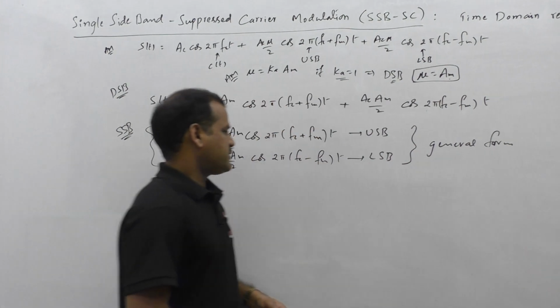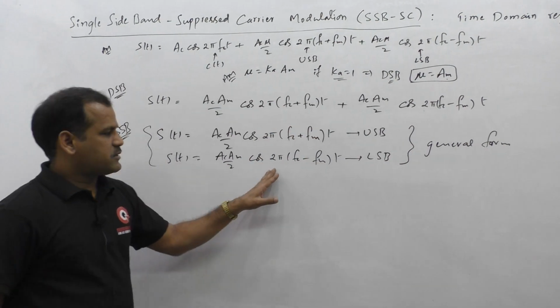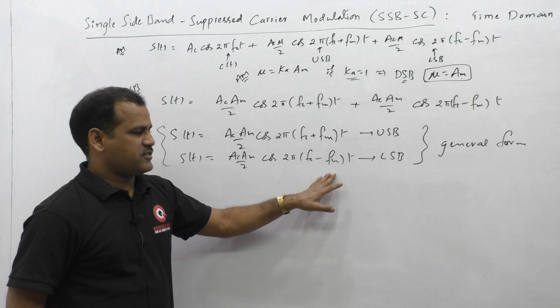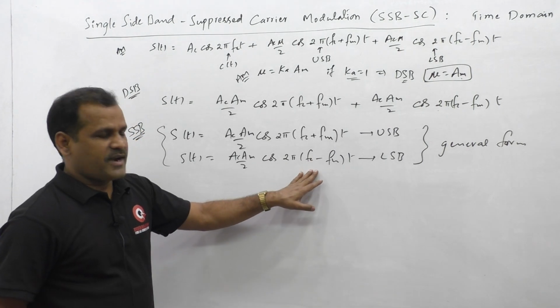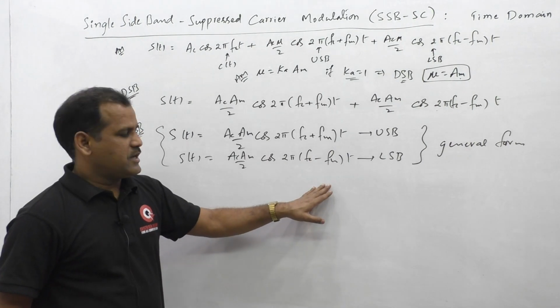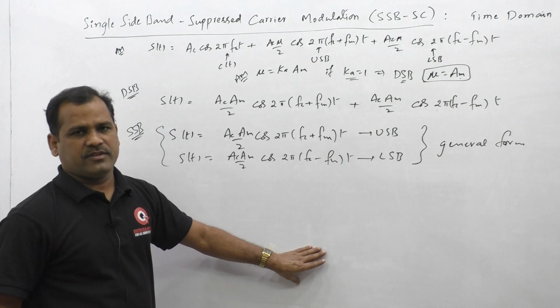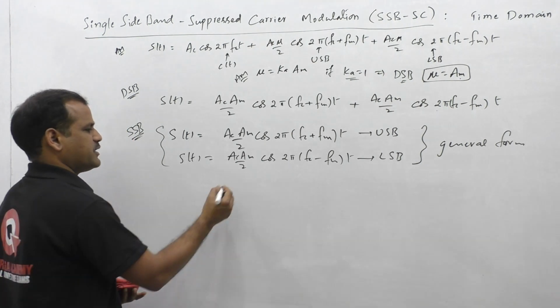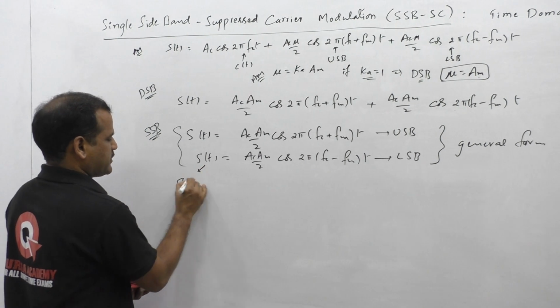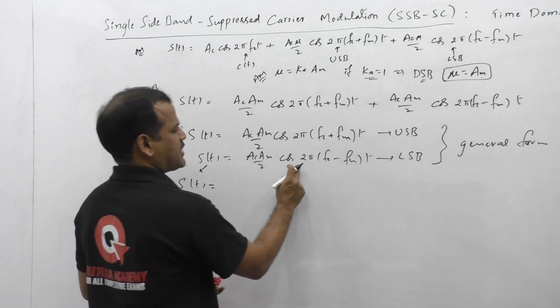But let us consider one sideband here, cos 2 pi (fc minus fm) t, and expand this cos(A minus B) form. Finally, we will get the standard form of this SSB signal. Let us consider the LSB here, where s(t) is cos(A minus B).